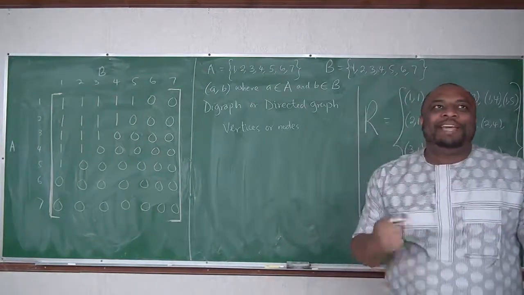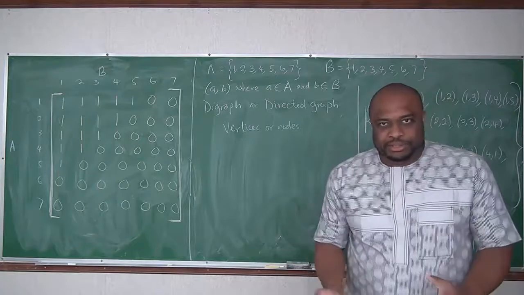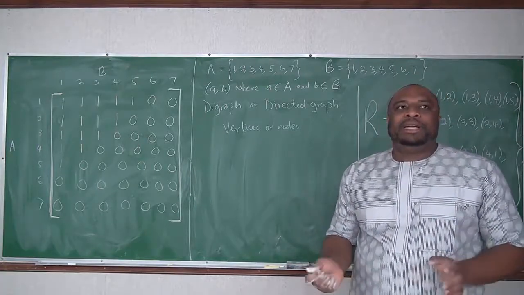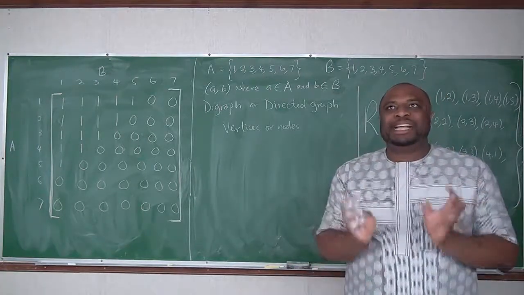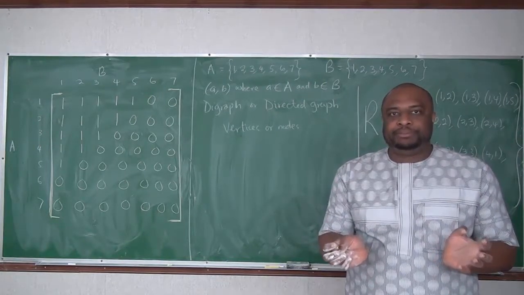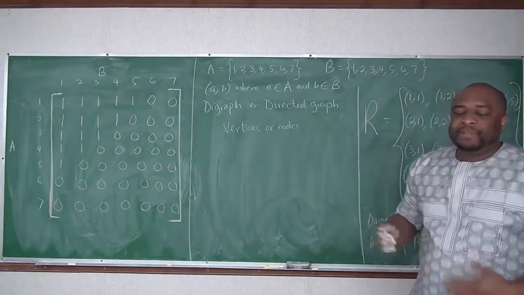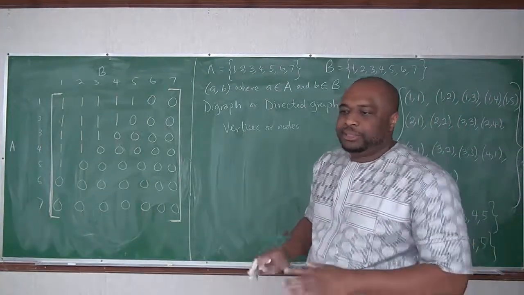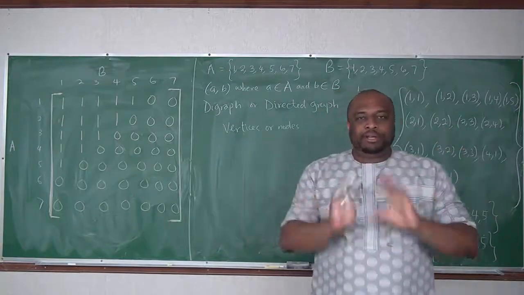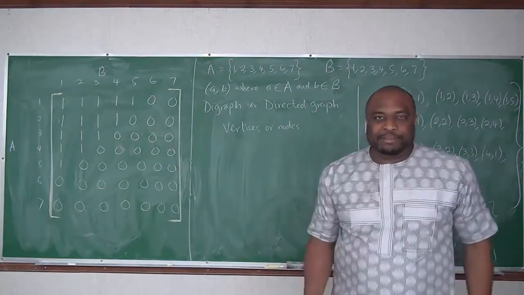A digraph is another way to represent relations. Or you can say it's a pictorial representation of a relation. Some folks like a picture, and that's what a digraph is about.